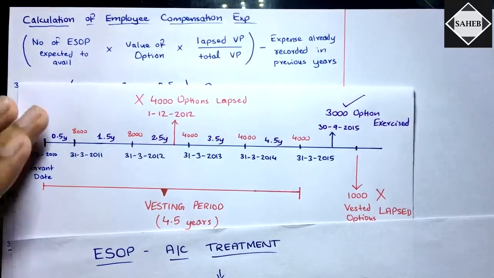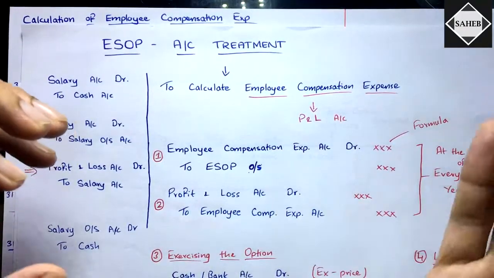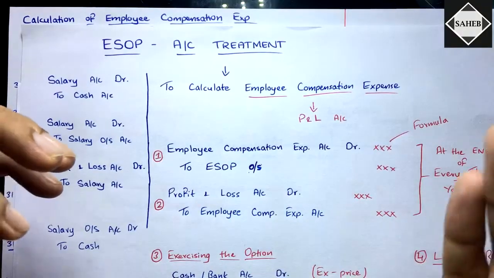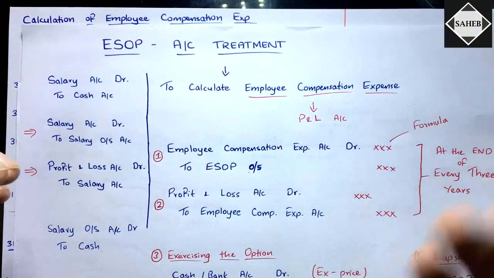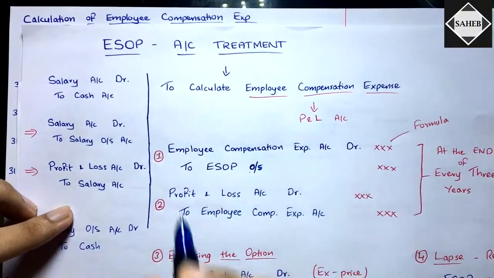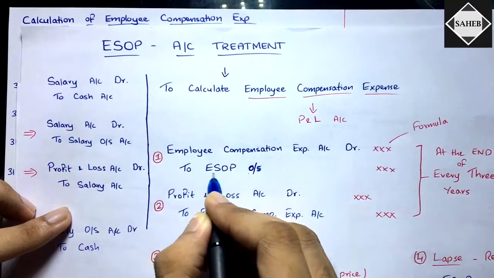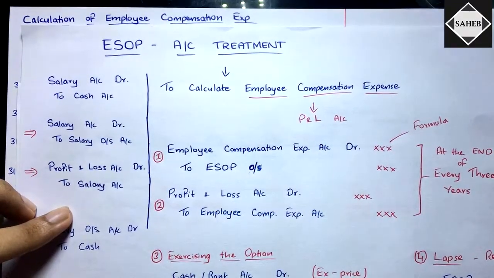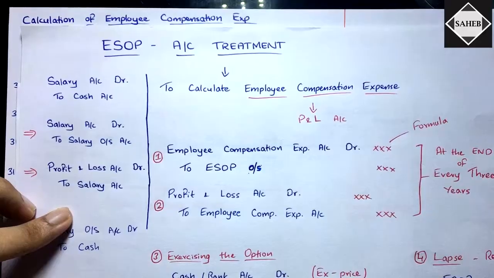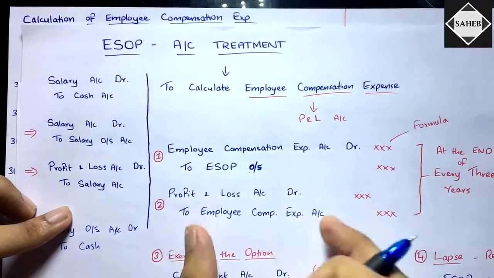If you're not giving them anything now but you are going to give them something in future, that is an obligation. So you have to recognize a liability to ESOP outstanding account. ESOP outstanding, same thing, right? And then at the same date, you are going to transfer the employee compensation expense to profit and loss.